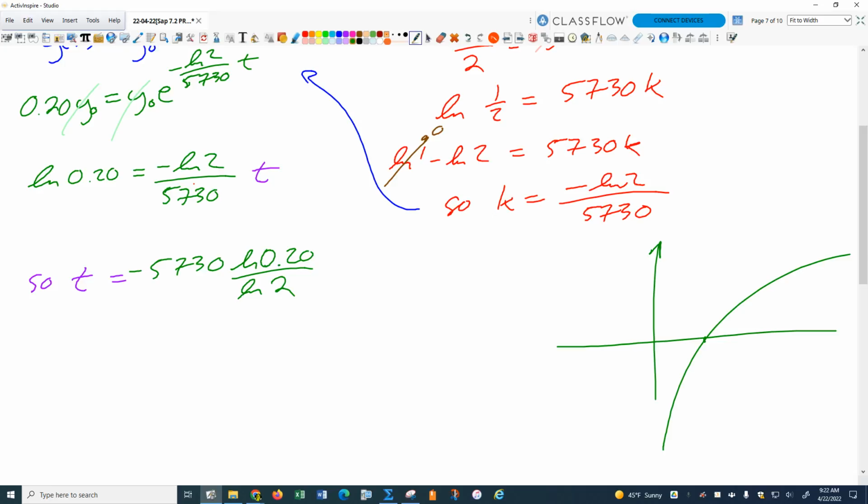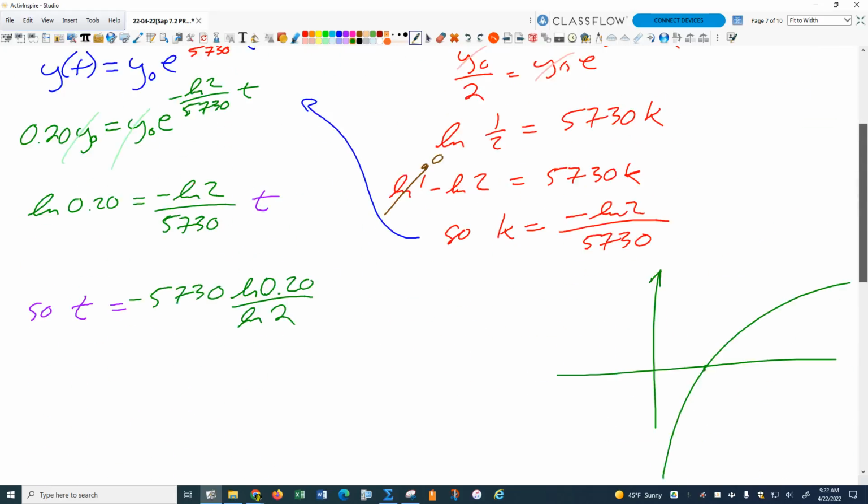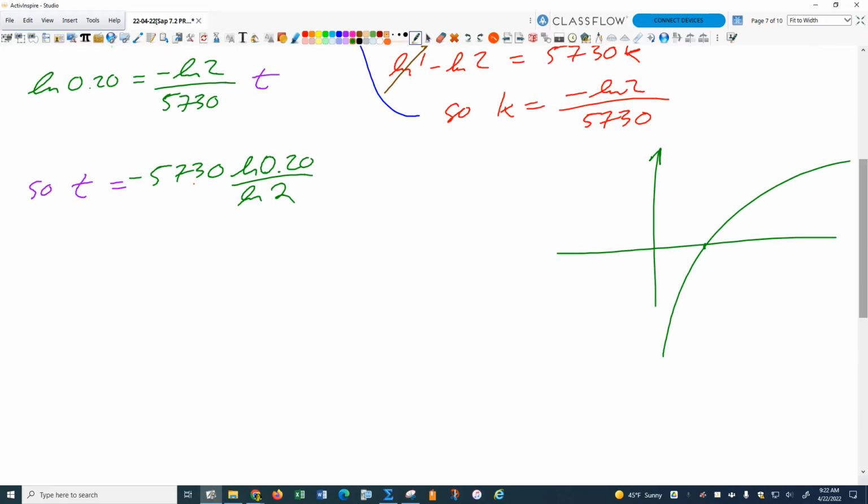And if we do this, what do we get? I don't know. 0.2 over 2, that's going to be like 1/10. Oh, I don't know what that's going to be.